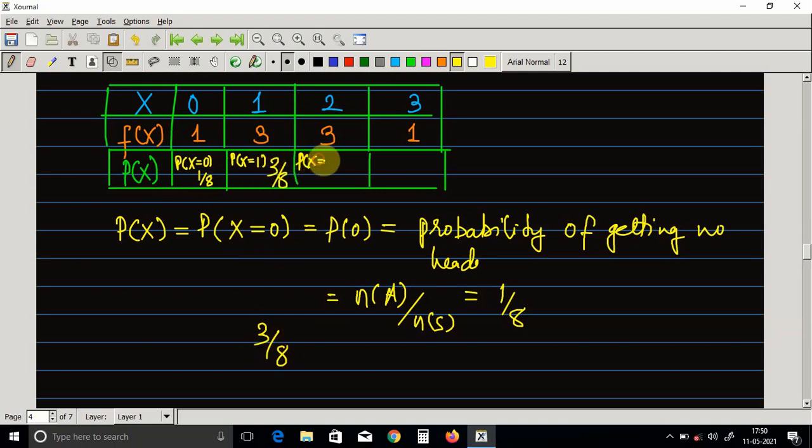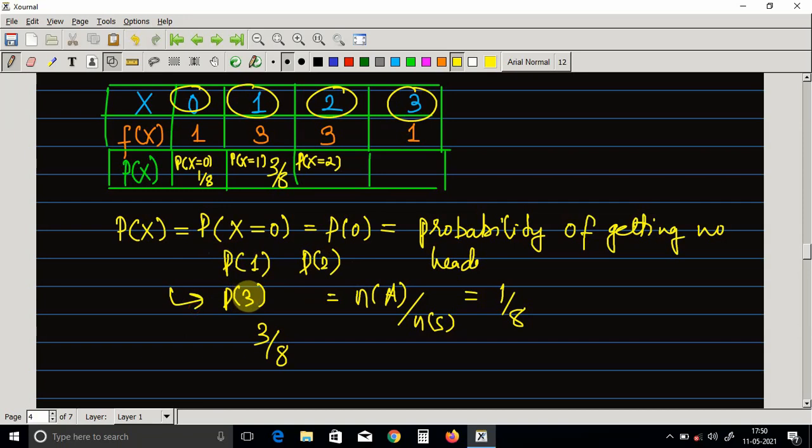Probability of x equal to 2. See, I'm calculating the probability of the random variable. That's why I'm writing px2, or you can write simply p1, p2, p3, but you should know how to read this. You can write p3 also.